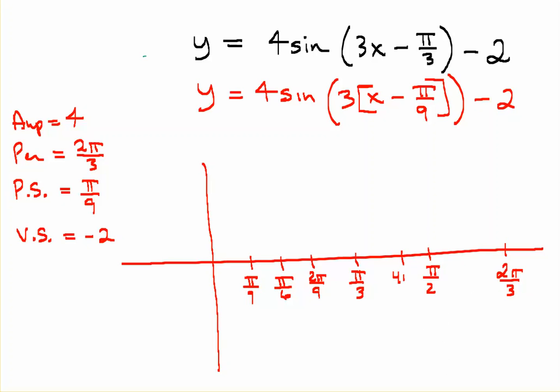Okay, so 4 pi over 9 is right here then. 5 pi over 9 would be on this side of pi over 2. And 6 pi over 9, hey, that's the same thing as this one right here, right? 6 pi over 9, that's here. All right, we can go to the negative side as well, but I think for now we're okay. Let's make this here, and I'll wait for you guys to catch up.